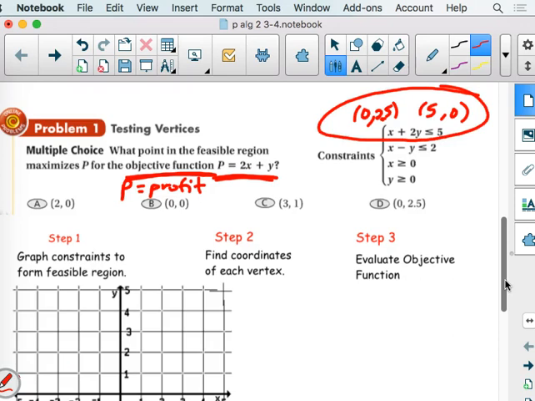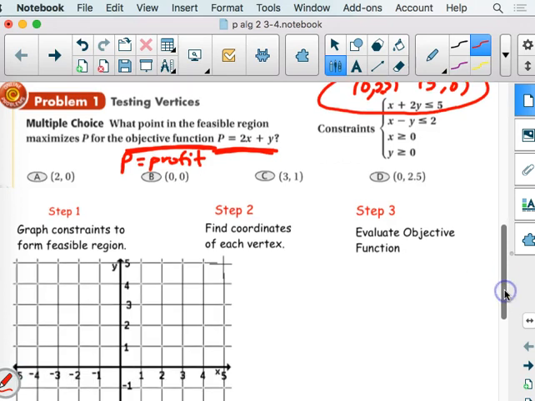That way we can definitely see, hey, here's where that double, or in some cases triple, shading is. So that boundary line, 0, 2.5, and 5, 0. And it has an equals bar, so that'll be solid.